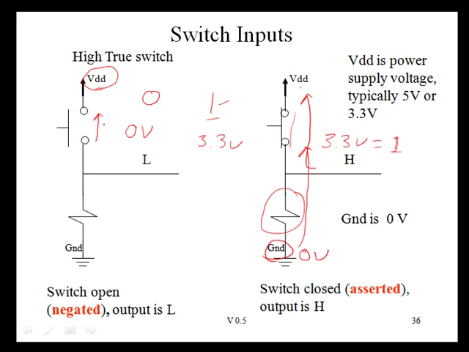This is essentially an infinite resistance. It's open, so the actual voltage level in this signal is going to be 0 volts. So when the switch is not pressed, we have a 0 volt signal, which is going to equal a logic 0. When the push button is pressed, we're going to be outputting 3.3 volts to this line right here, which we're going to call a logic 1.